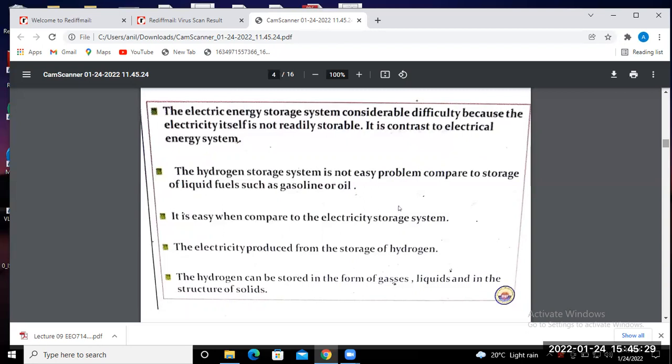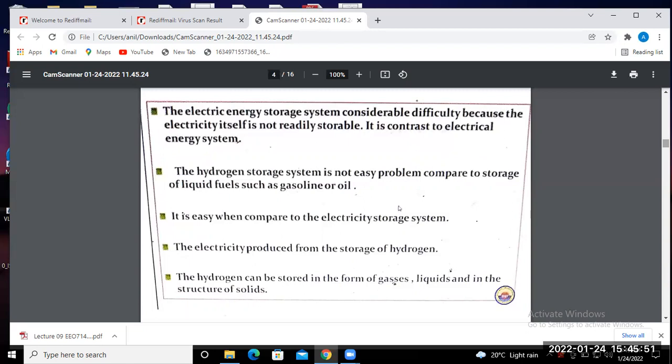You will find containers that carry liquid fuel from one place to another. Similarly, you may design a solid structure to transfer hydrogen in gas or liquid form from one place to another.